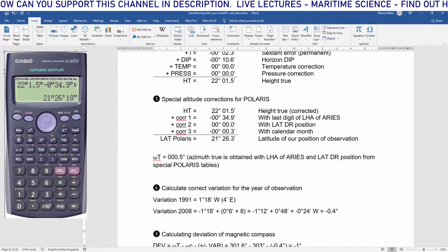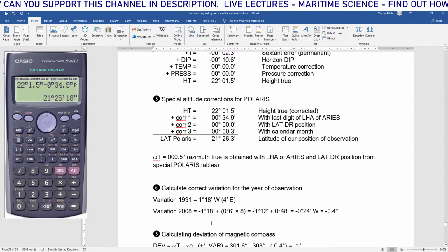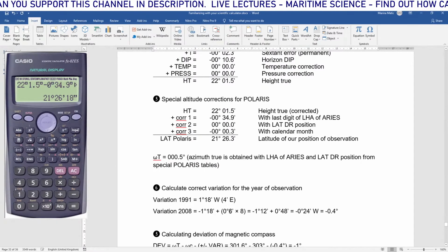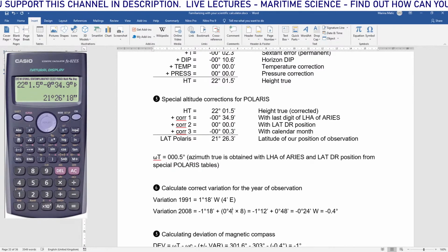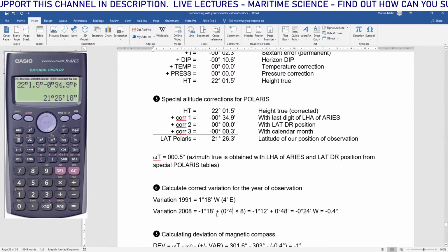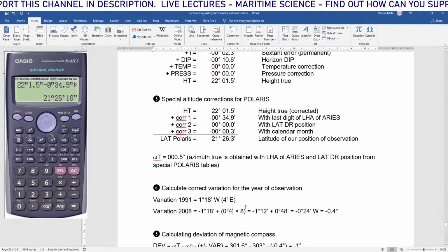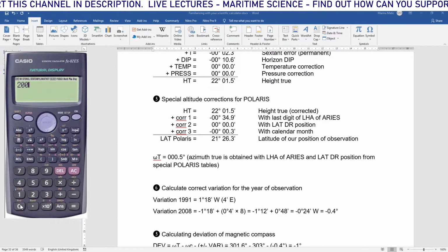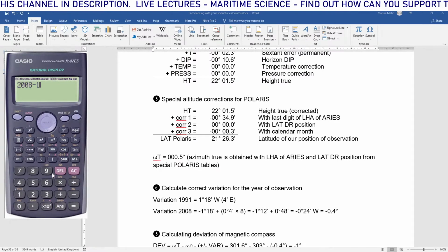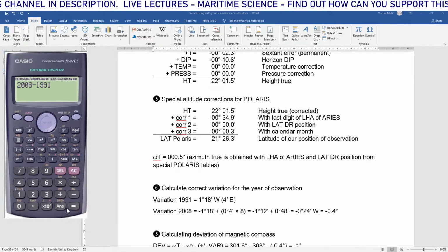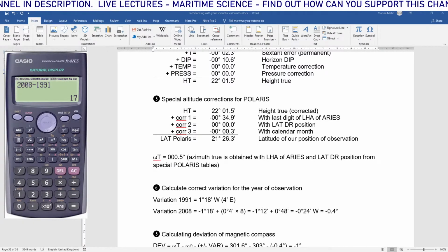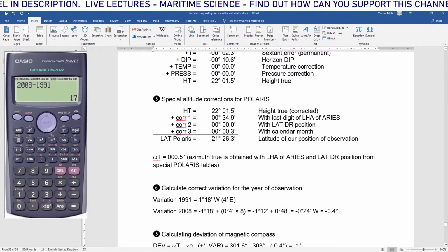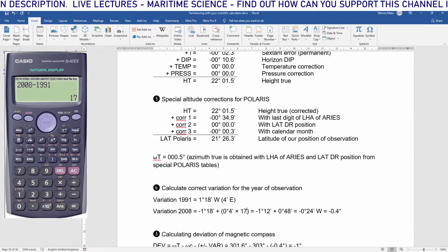So variation is negative because it's west, minus 1 degree 18 minutes, multiplied with 4 minutes times the number of years. How many years do we have? 2008 minus 1991 equals 17 years.